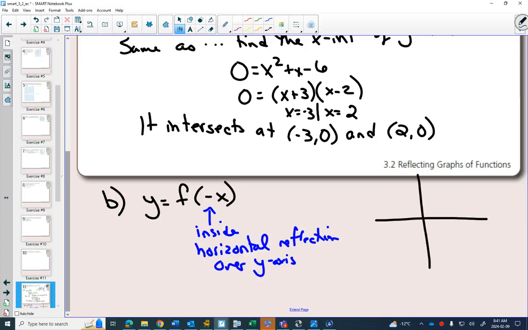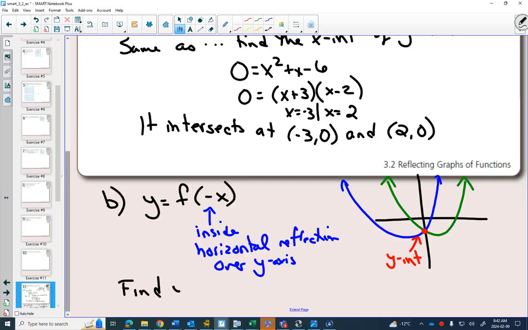I think about my original parabola. If I reflected it over the y-axis, then the y-intercept would stay the same.